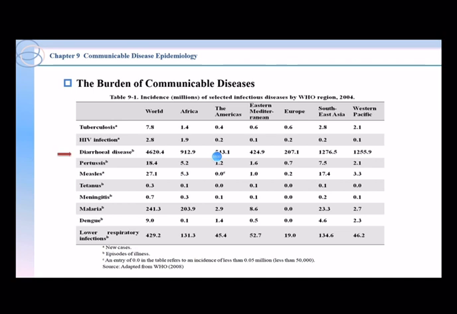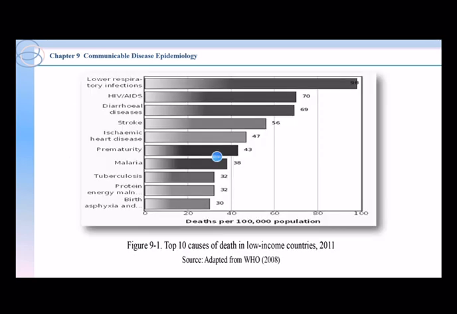As we can see, diarrheal disease and malaria have the top incidence rate around the world, especially in Africa. This figure shows the top 10 causes of death in low-income countries according to the WHO. As we can see, the first 3 diseases with the highest cause of death include lower respiratory infection, HIV/AIDS, and diarrheal disease.